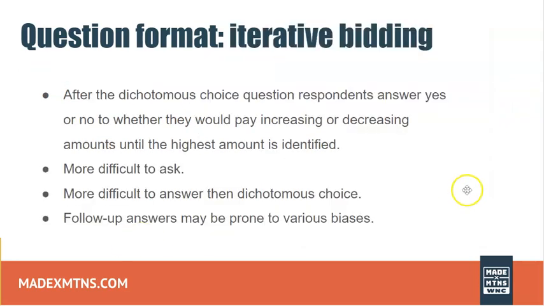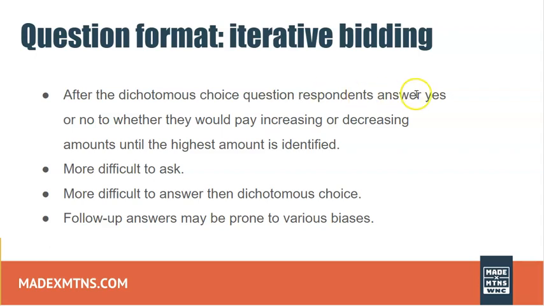And then finally, iterative bidding can be used to narrow down willingness to pay. So with a dichotomous choice question, all you know is whether the person is willing to pay more or less than the dollar amount. Okay, but after you get the response, you can continue to ask questions to narrow down the willingness to pay.